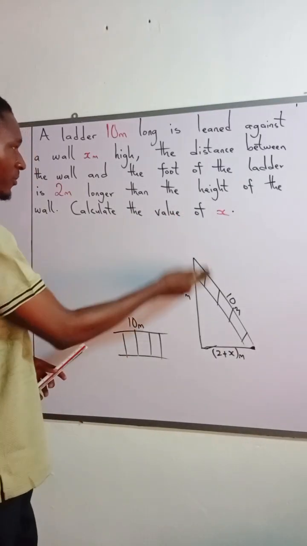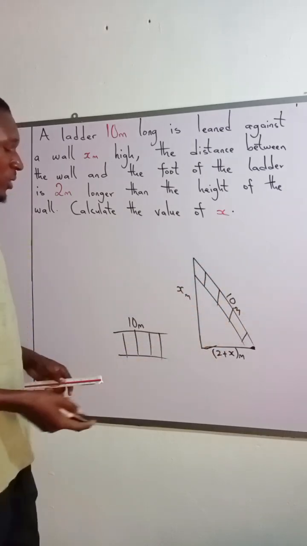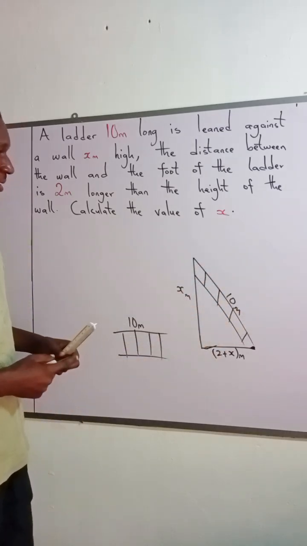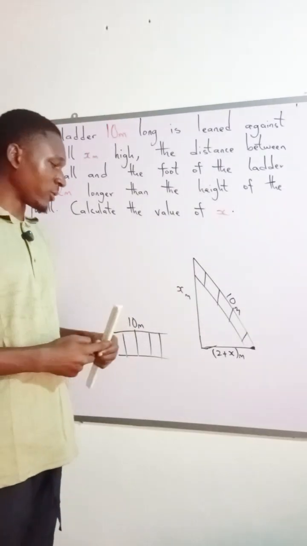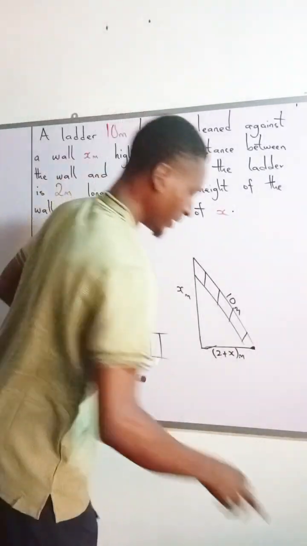Yes, we have been able to picture out the information we were given, and from this we can see that it's looking like Pythagoras theorem. Exactly, that's what we are going to work with. Follow me till the end.